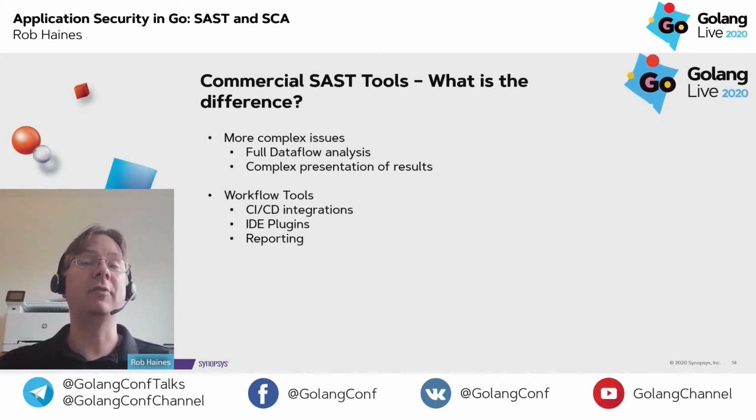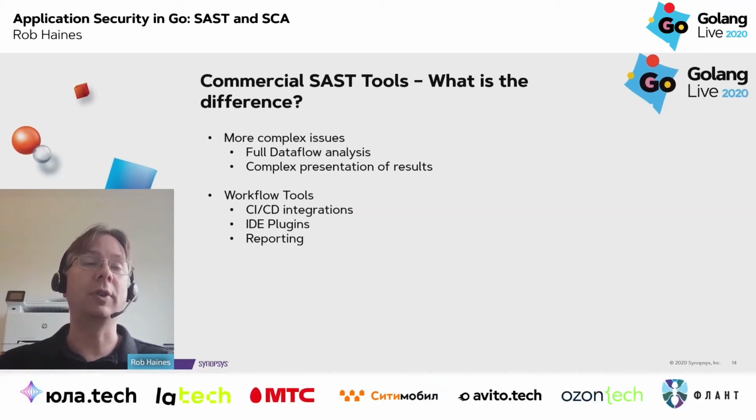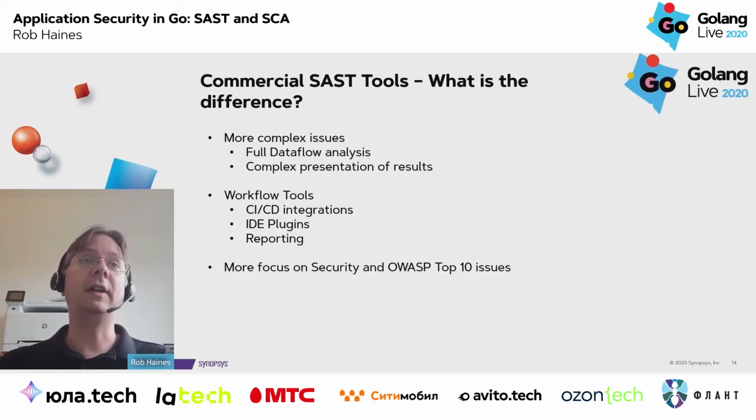We also tend to have more workflow tools and CI/CD integrations, IDE plugins, and reporting as well. Usually the workflow is really what people want, to make sure that we are enforcing quality and security across lots and lots of different projects, not just setting it up for one or two developers. And finally, we typically focus more on security and OWASP top 10 issues.